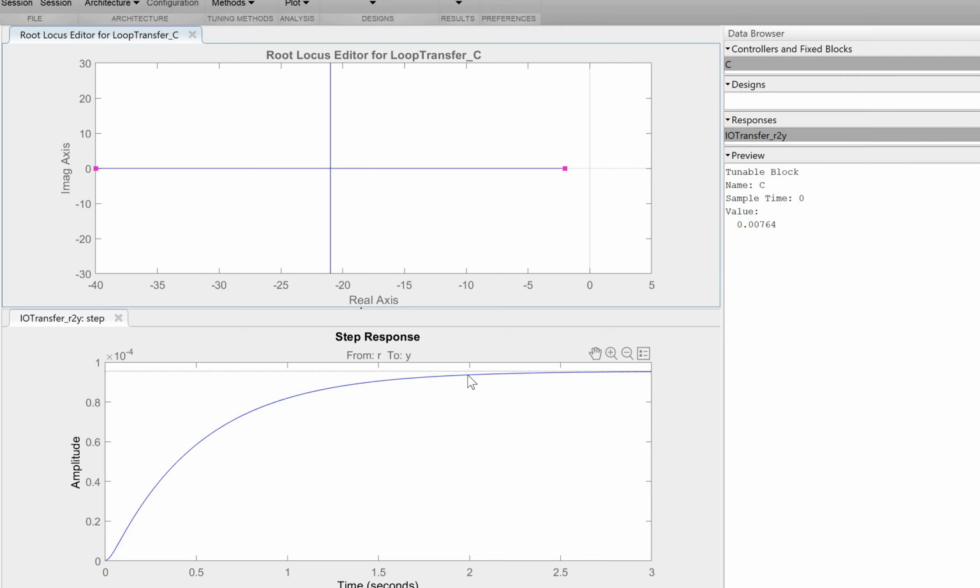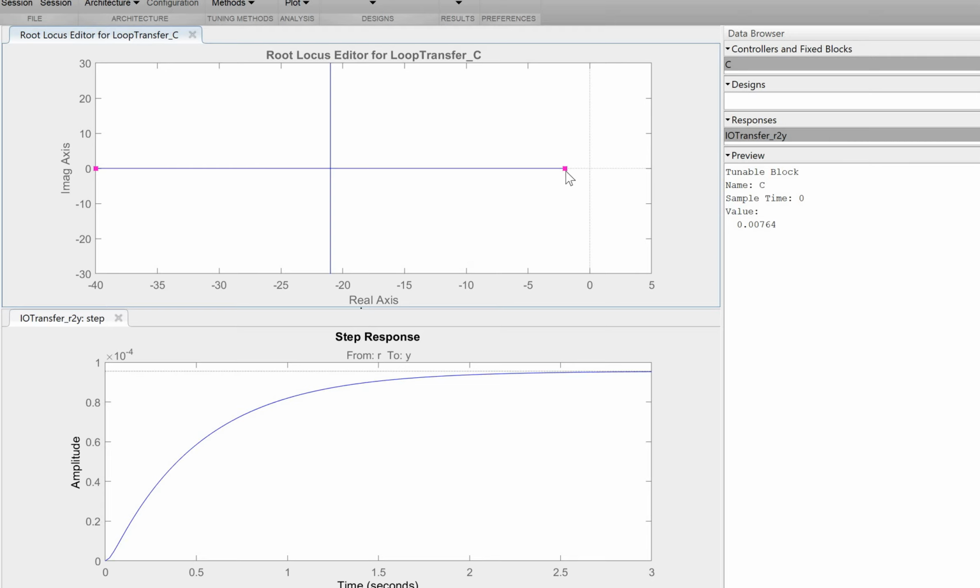It's pretty first order-ish. If we had the gains really low, and we see the gain over here at 0.007, we could go ahead and eliminate that pole at 40 and just make a simple first order system, 1 over s plus 2.